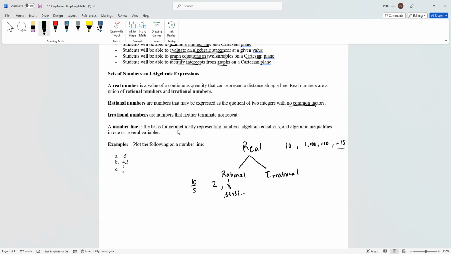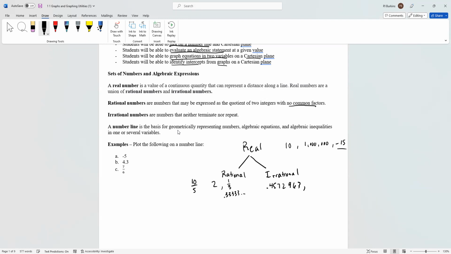There are decimals that can't be written as fractions, right? Something like, I don't know, 0.4572963, blah, blah, blah. That shouldn't be able to be a fraction.